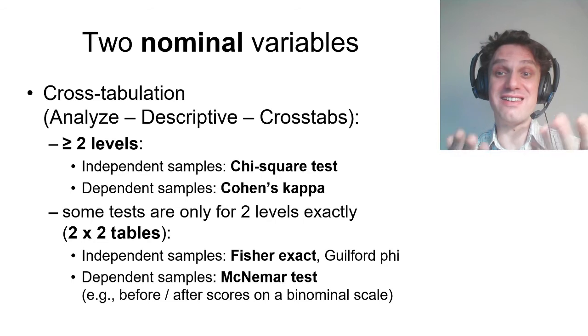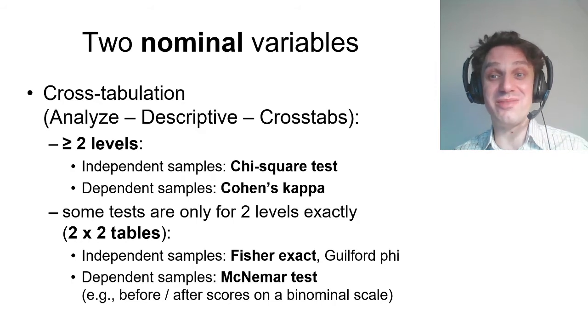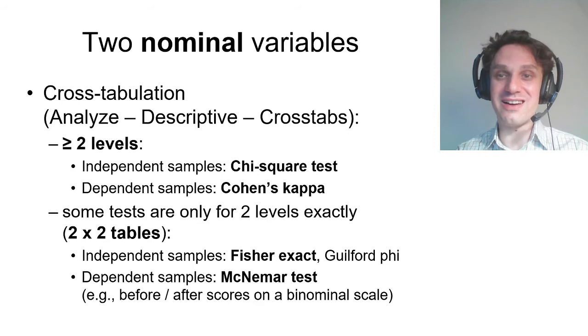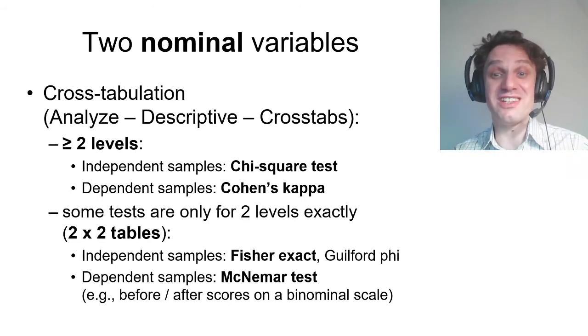Here, essentially, association and difference between samples is the same. Is there an association between gender and success, or other differences between males and females in the probability of success? This is essentially the same question, and it is tested with essentially the same statistical test.